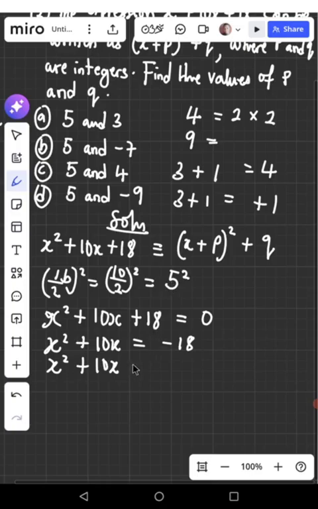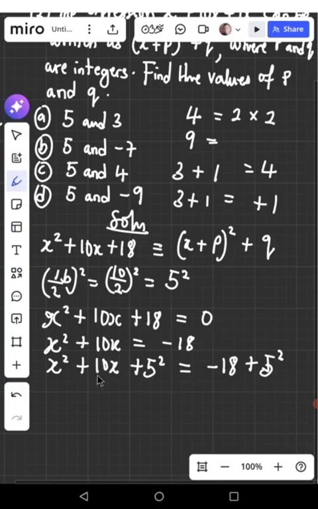So you add it to both sides of the equation. So plus 5 squared, equals minus 18, and you also add the 5 squared to that side as well. It's not a must that you take 18 to this side, but I just took it for convenience to avoid confusion.